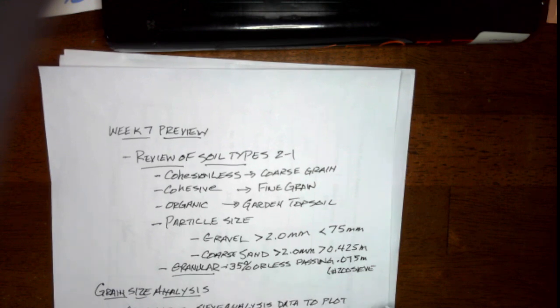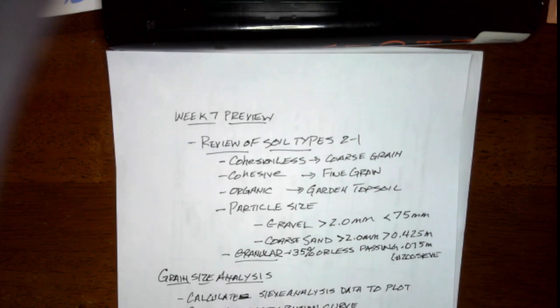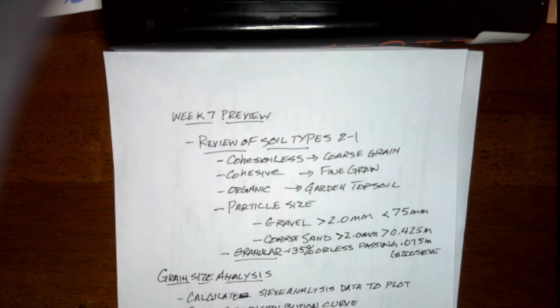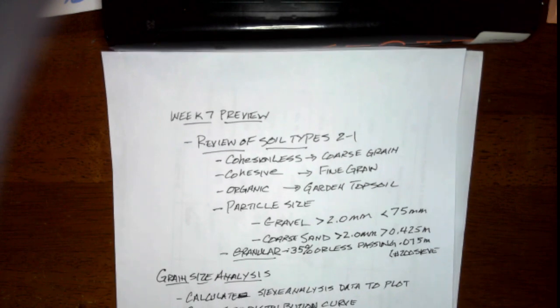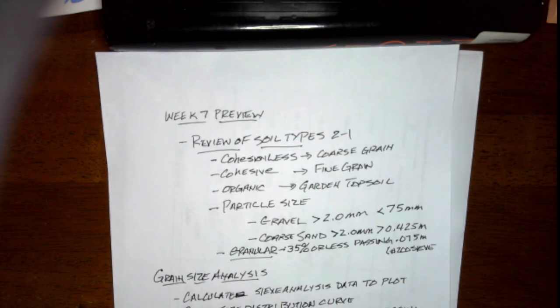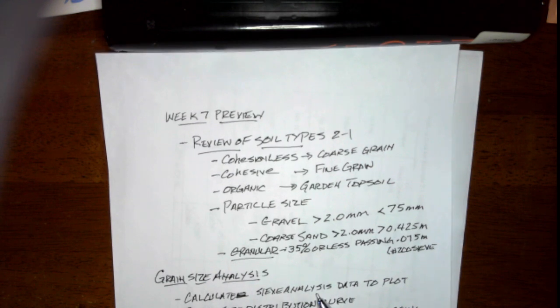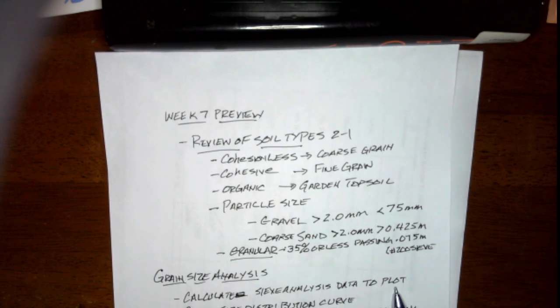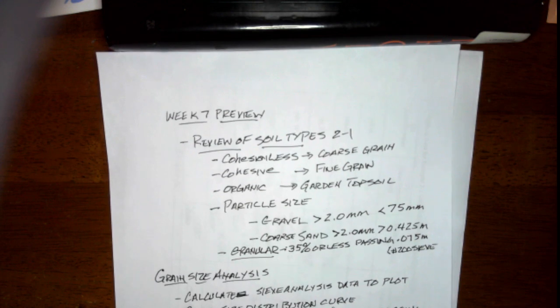Now, we're going to look at a grain size analysis. We're going to calculate the sieve analysis data to plot a grain size distribution curve.